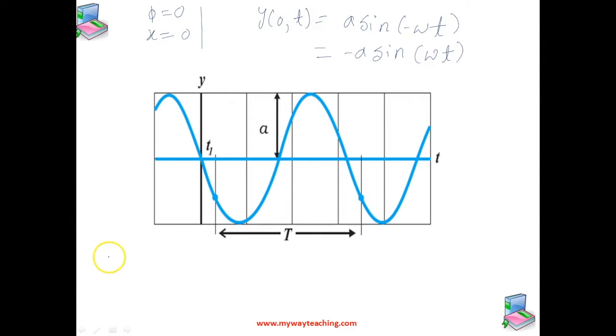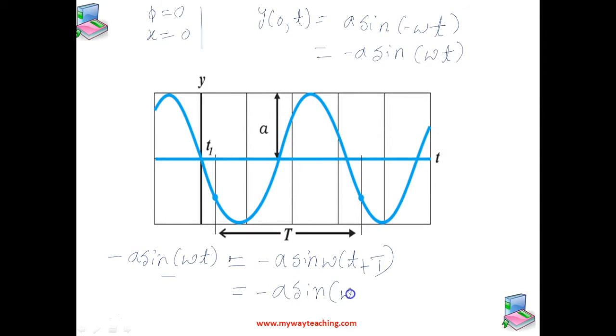So we can write minus a sine wt is equal to minus a sine w times t plus T, where capital T is the period, that is equal to minus a sine, taking angular frequency inside, wt plus wT.